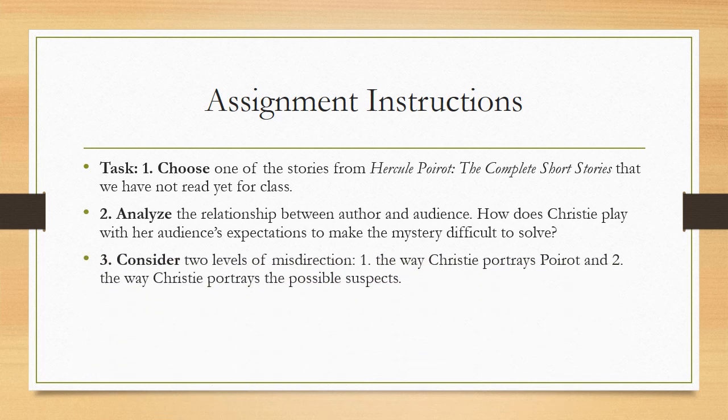Two levels of misdirection. Two of the ways she often uses that understanding of audience to distract readers from the clues that are essential are Hercule Poirot's disarming of himself in front of the possible suspects, possible killers, and then presenting suspects that make us want to lean one direction, even if logic would dictate we go another direction.